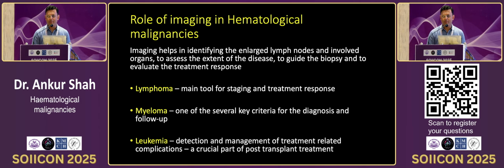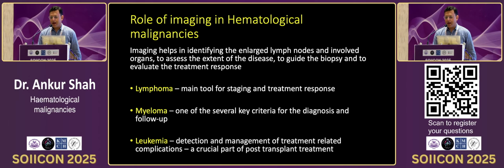So what is the role of imaging for all these malignancies? Imaging helps in identifying the enlarged lymph nodes, also the bone marrow involvement, the involved organs. It also assesses the extent of the disease. It helps to guide the biopsy, and also it is extremely helpful in evaluating the treatment response. But the utility of imaging in all these three different varieties of malignancies is a little different.